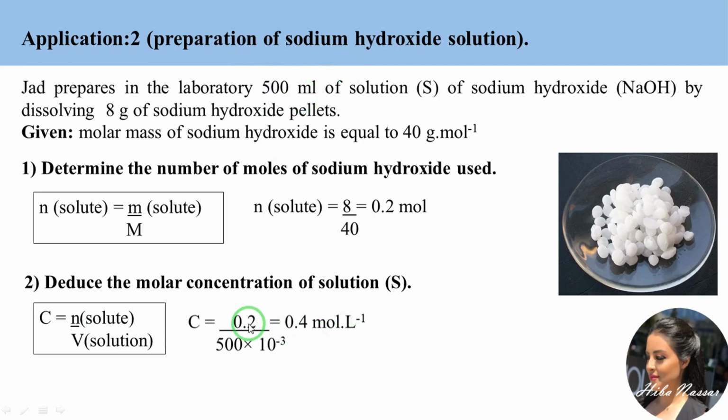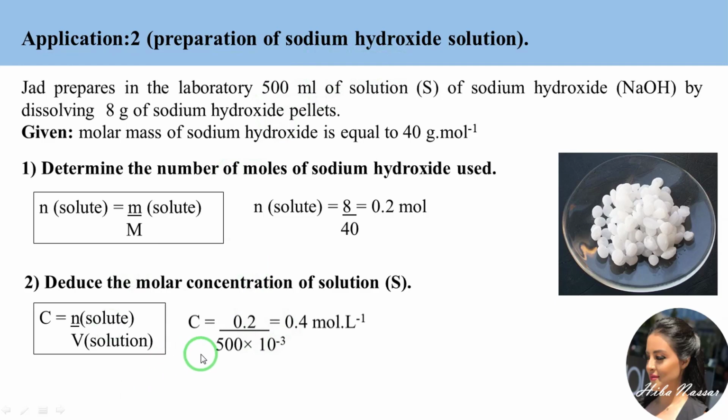So we can say that it's equal to 0.2, the number of mole of solute, divided by 500 milliliter times 10 to the power minus 3. Here we multiply by 10 to the power minus 3 in order to convert from milliliter into liter.